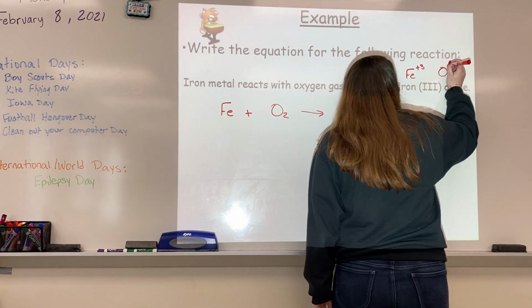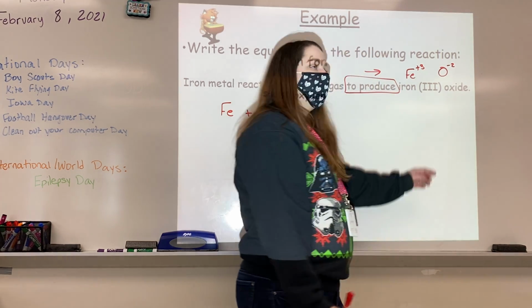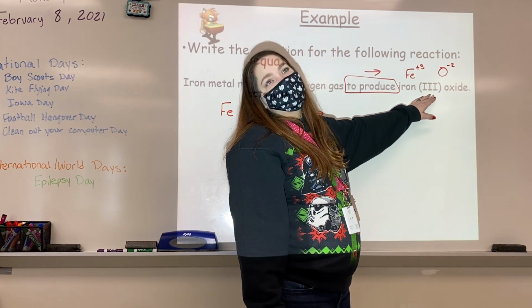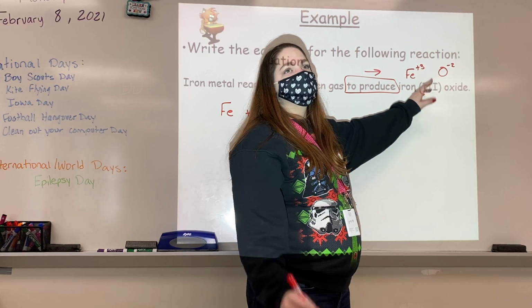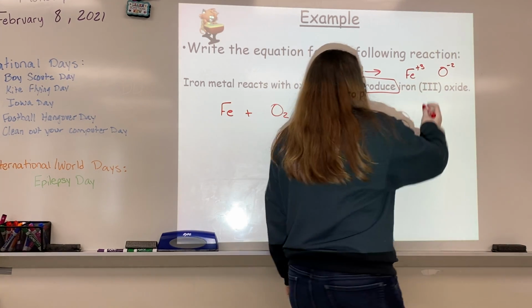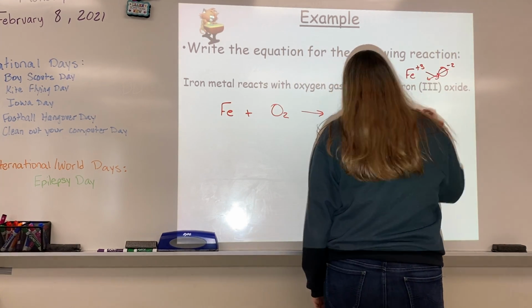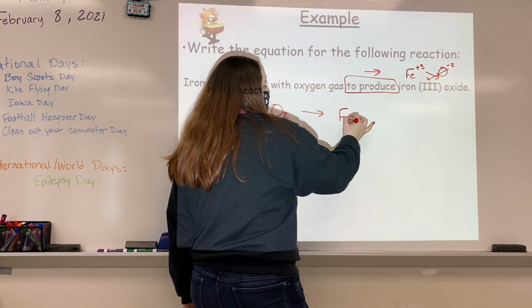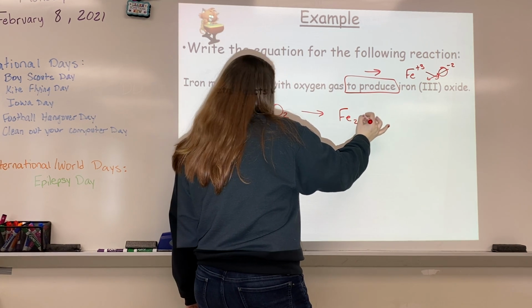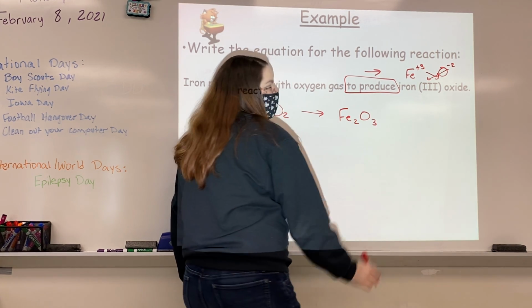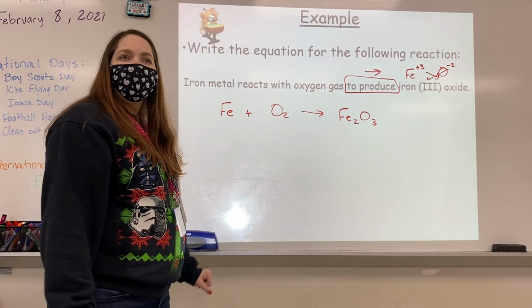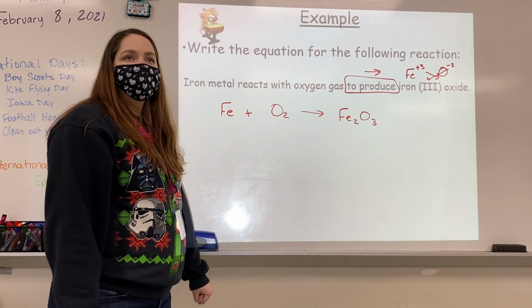Minus 2. Is this ionic or covalent? So what do you do with those 2 numbers? Crisscross and bring them down. So then your product would be Fe what? Fe2O3. So that is what you're going to have to remember how to do during this unit.